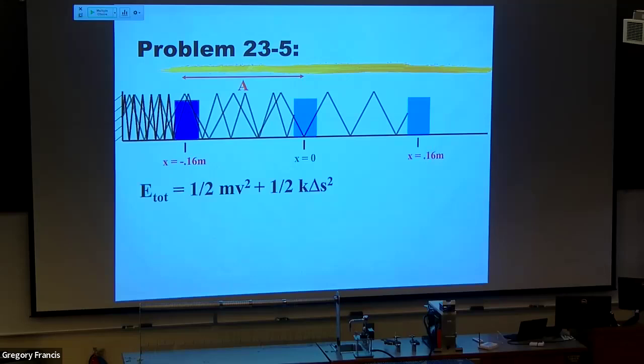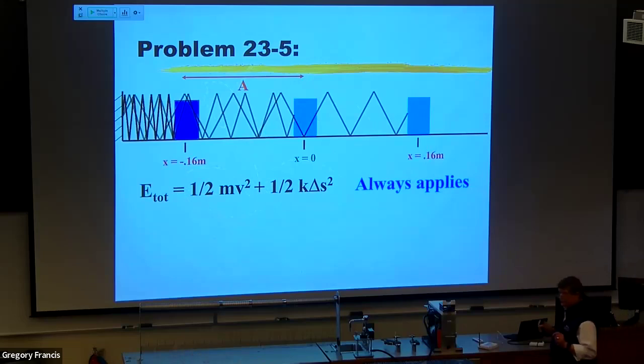In general, I've got kinetic energy in the motion of the block, and I have potential energy in the spring when it's stretched or compressed. And that always applies. That's general. No matter whether it's here or here or here, always.